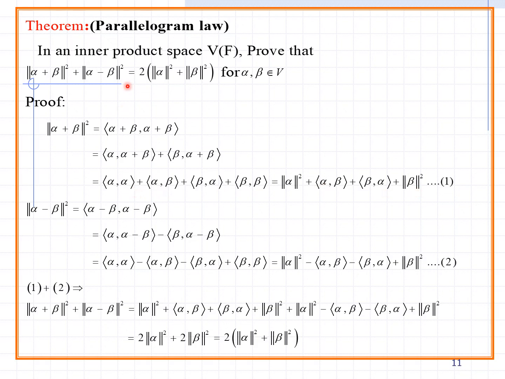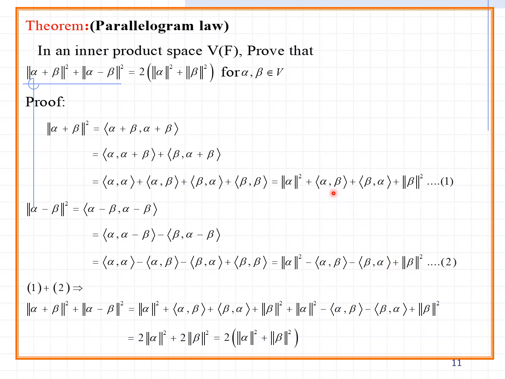After that, take norm alpha minus beta whole square. Here alpha is replaced by alpha minus beta, and again you can apply the inner product property. You get norm alpha square minus the inner product of alpha comma beta minus beta comma alpha plus norm beta square.